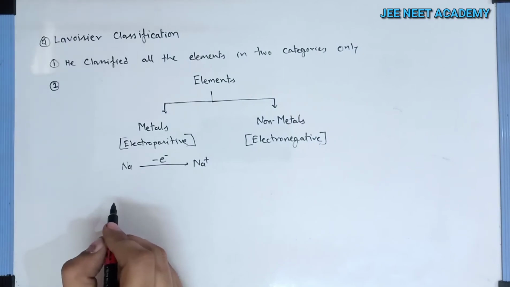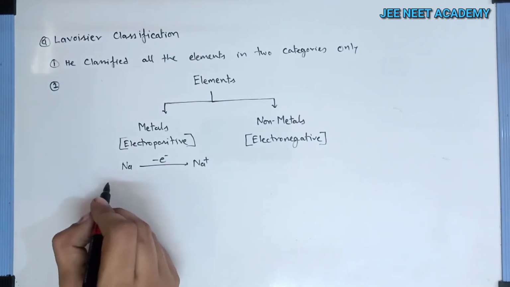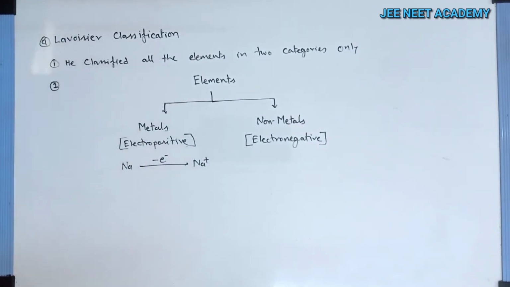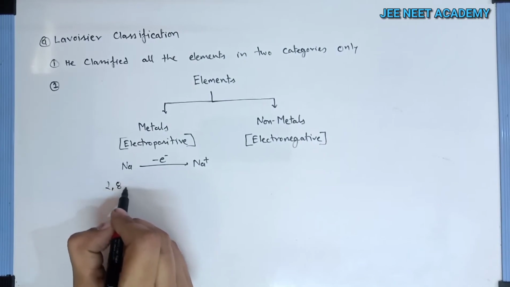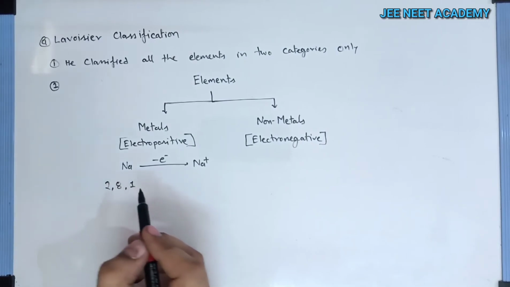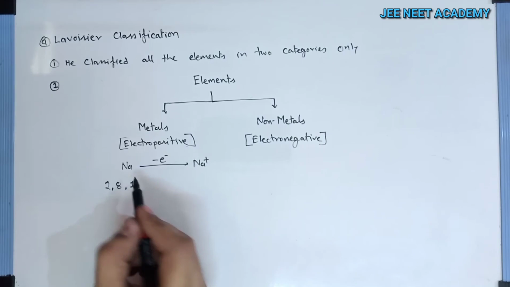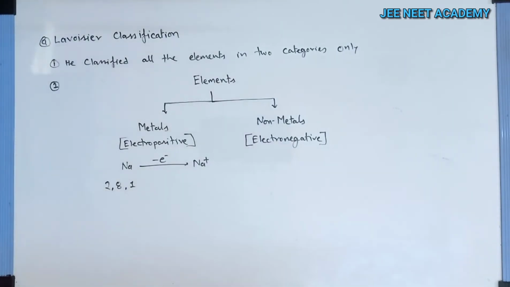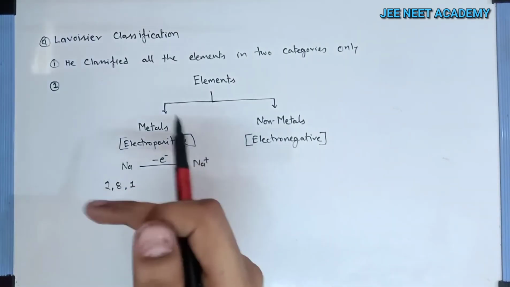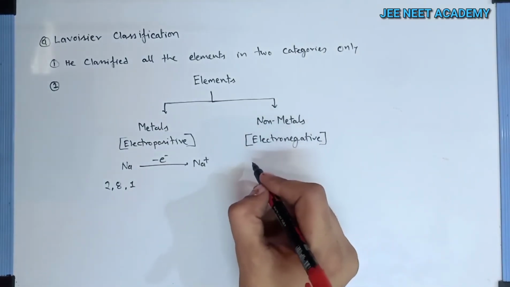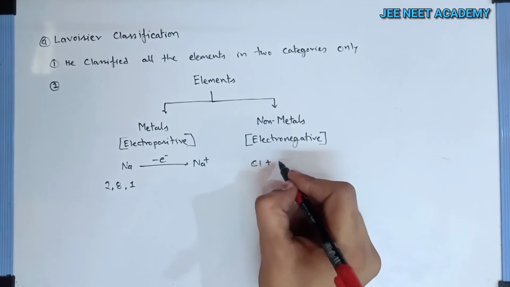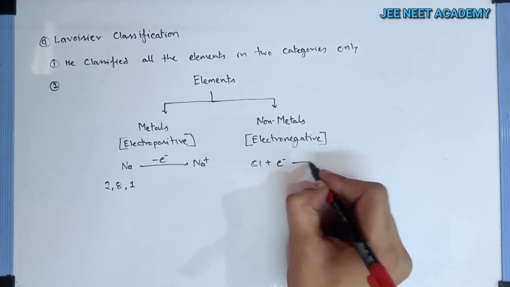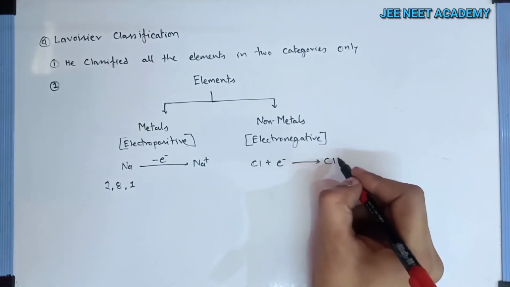As we know, the outermost shell in sodium, 1 electron is there, and electronic configuration is 2, 8, 1, total 11 electrons. So sodium can donate. So it was categorized as a metal. And non-metal, chlorine can take 1 electron and it can form chlorine anion.